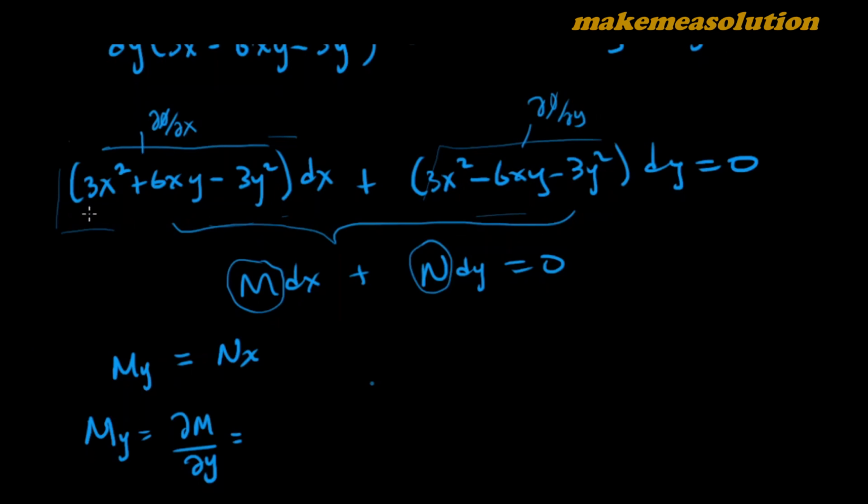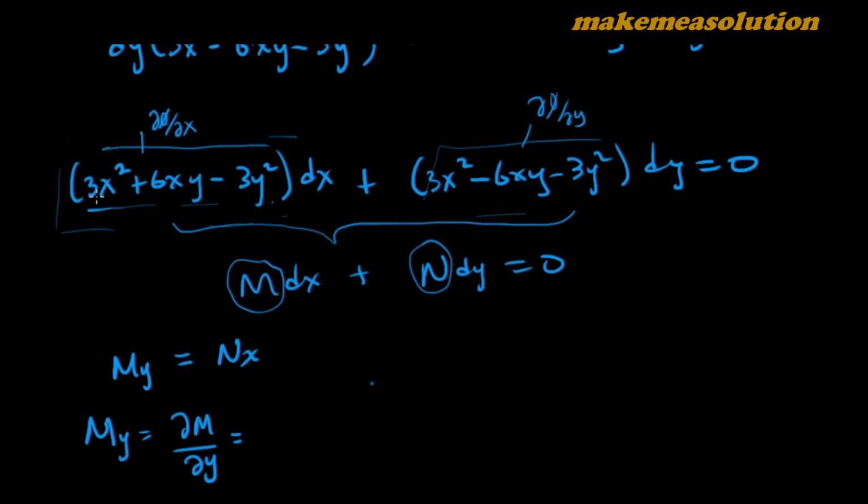So what we want to do is find My, differentiating this one partially with respect to y. And how do we do that? The rules of partial differentiation tell us that when you're differentiating with respect to y partially, treat every other variable as a constant for the time being, and let y be the only varying variable.